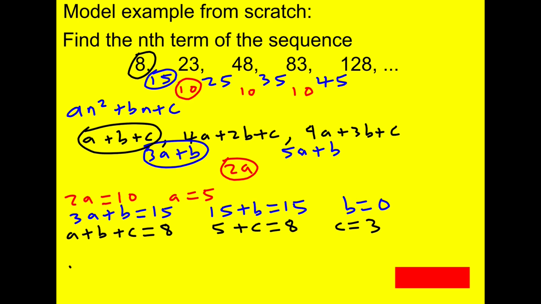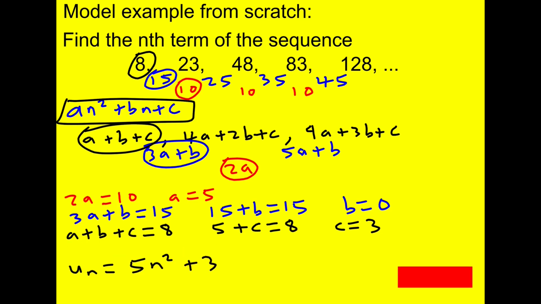And finally, the nth term is going to be, we just substitute back in the numbers we know into here. So 5n squared. There's no b term, so we can just ignore that, plus 3. And we've worked out the nth term of this quadratic sequence.